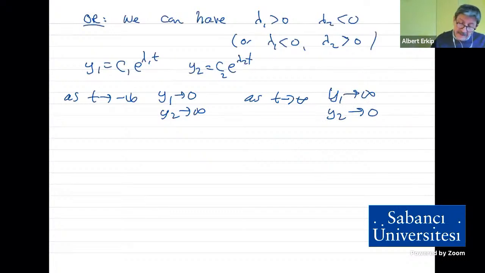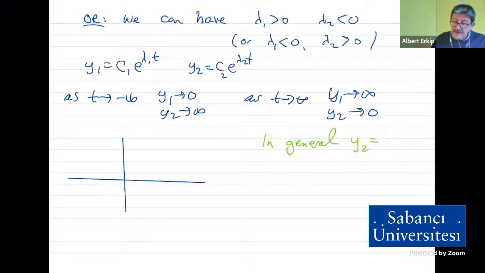So what happens? Let's see what we can have. Okay, again, we have the axes. And in general, y2 will be some constant times y1 to a negative power, because lambda 2 over lambda 1 will be a negative power. Again, 0 is a fixed point.